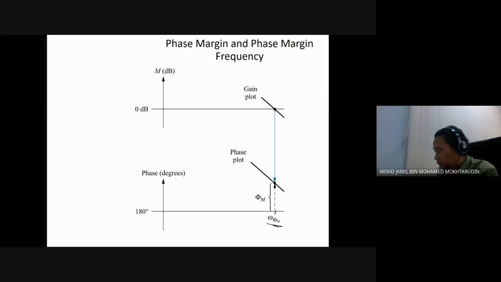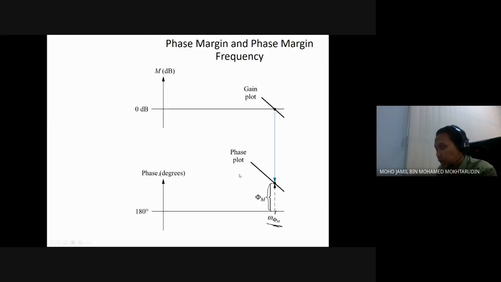To find the phase margin, you look at the phase plot. This is the phase plot. At the phase margin frequency, you determine the difference between the phase and 180 degrees. That's phase margin and phase margin frequency.